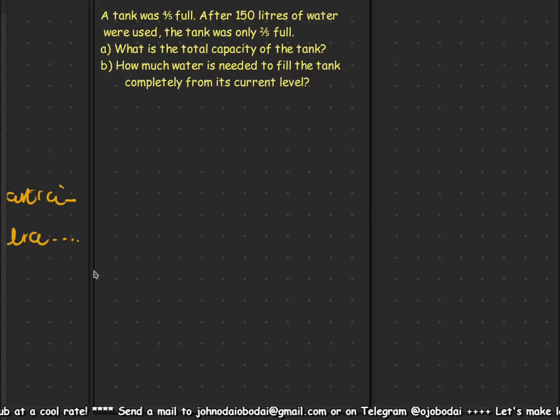After 150 liters of water were used, the tank was only 2/5 full. The first one asks, what is the total capacity of the tank? And the second one asks, how much water is needed to fill the tank completely from its current level?